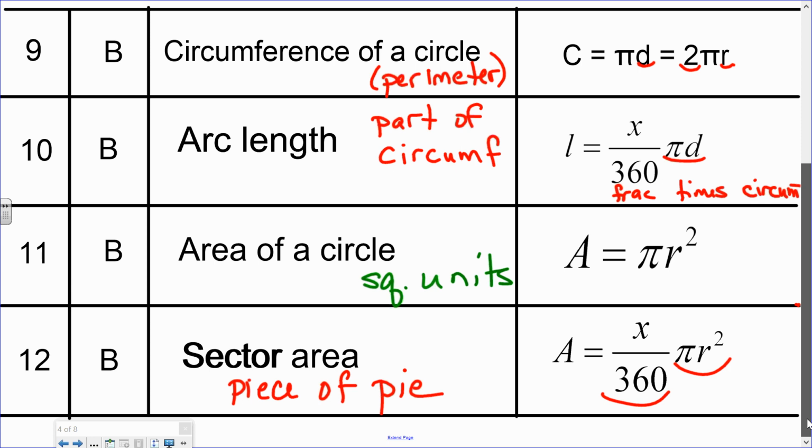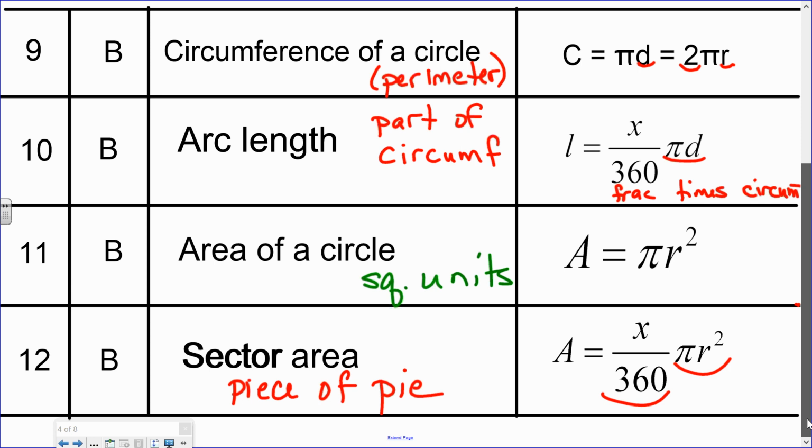So x out of 360 times the whole area. And then we're going to have a section for volume and a section for surface area. And then we'll have time for some examples.